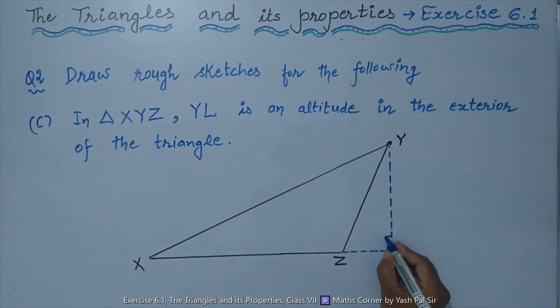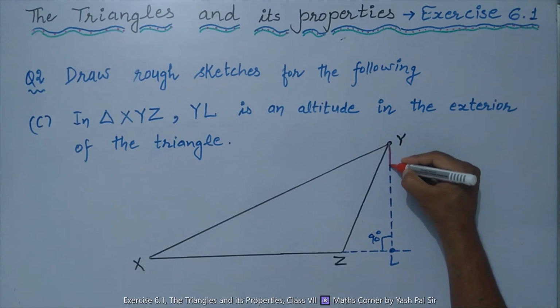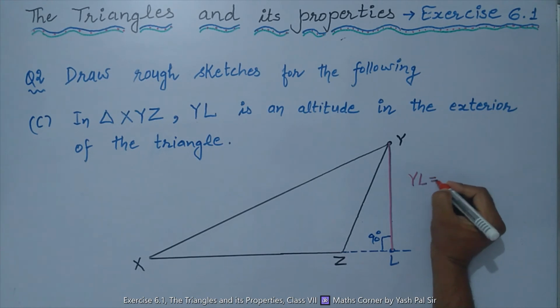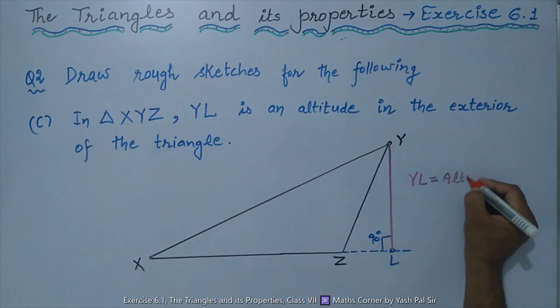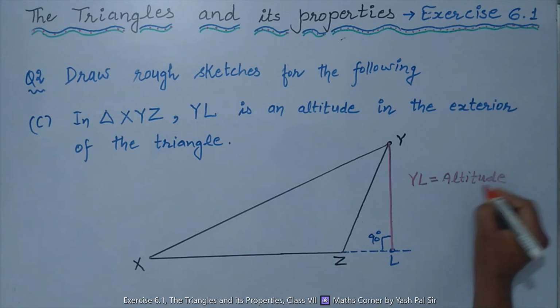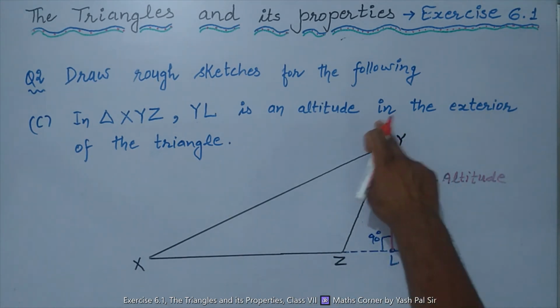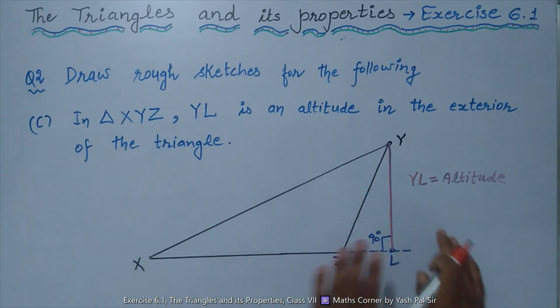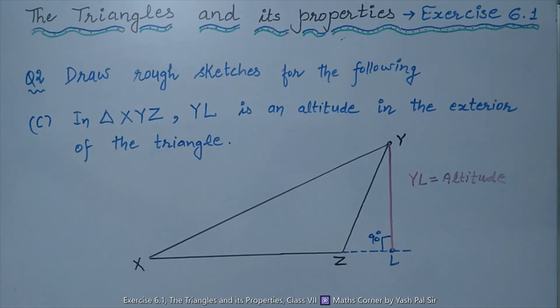So this angle is now a 90-degree angle. So YL, this point L, this is the L point. So what we can say, this YL is equal to altitude of the triangle in the exterior of the triangle, because the triangle is this and this is outside the triangle. Altitude is outside the triangle. So this is the answer to this question.